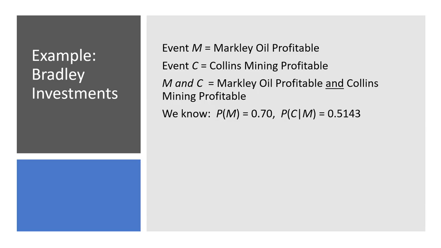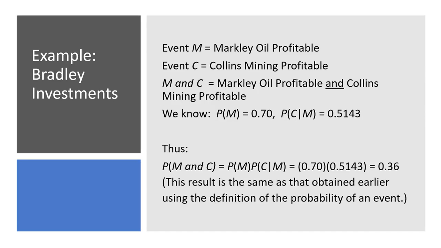And when we started learning about conditional probabilities, we learned that the probability of Collins Mining being profitable, given that Markley Oil is profitable, is 0.5143. If we plug this into the formula from the previous slide, we get that the joint probability of Markley Oil and Collins Mining being profitable is 0.36, which is the same value that we calculated earlier when we were looking at the definition of the probability of an event.